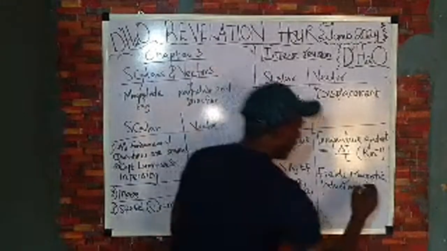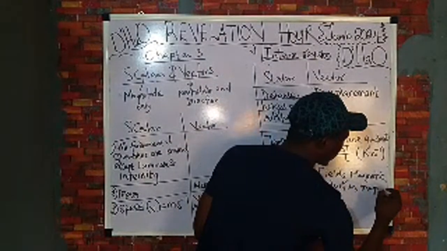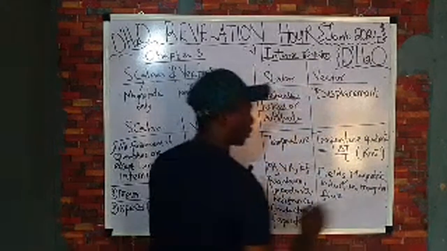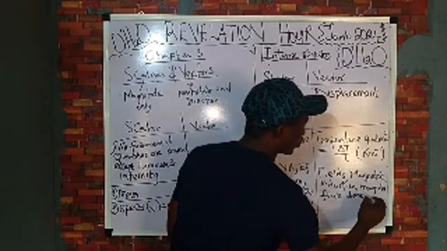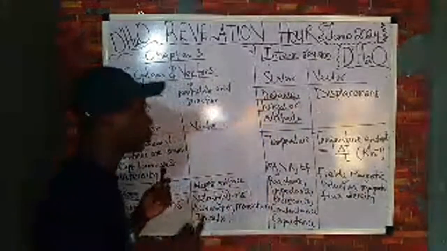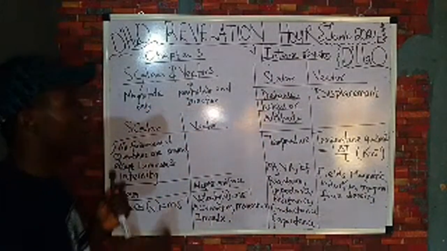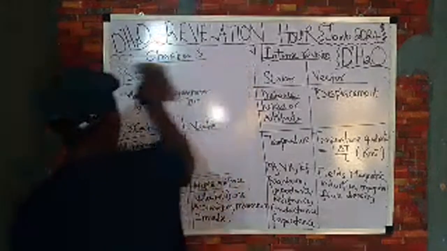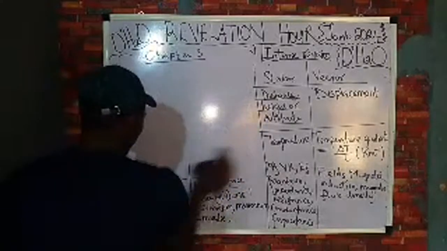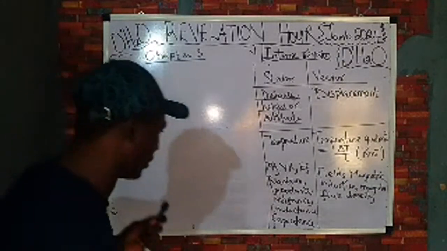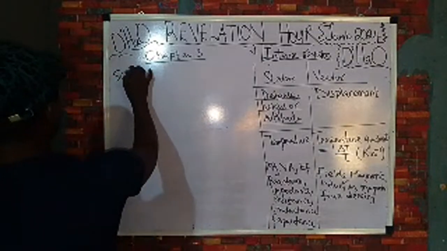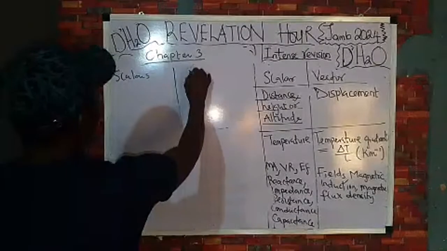Magnetic induction, magnetic flux, magnetic flux density is also a vector quantity. So there are many vector quantities as well as scalar quantities. Okay, let us continue class with some other quantities. I have just a few to give you. We have scalars here, vectors here.